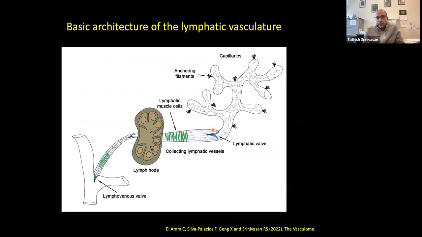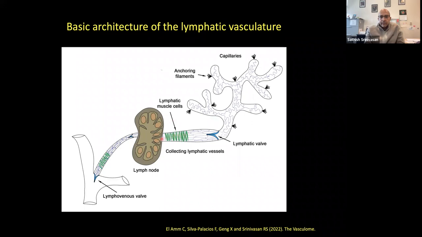And there are lymphatic valves which regulate the flow of fluid within these collecting lymphatic vessels. And there are specialized cells known as mural cells, known as lymphatic muscle cells, which pulsate just like cardiac muscle cells to propel the fluid forward.